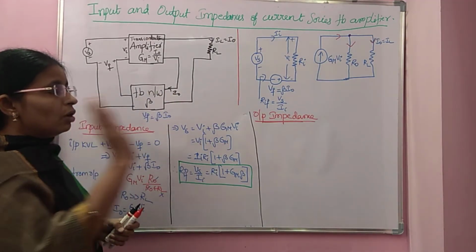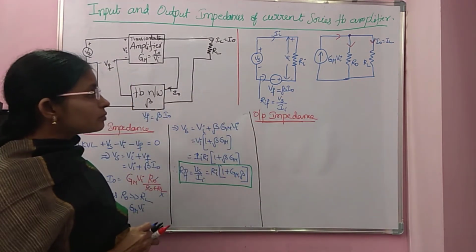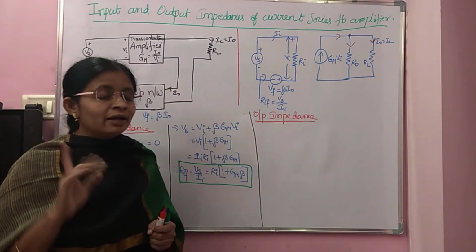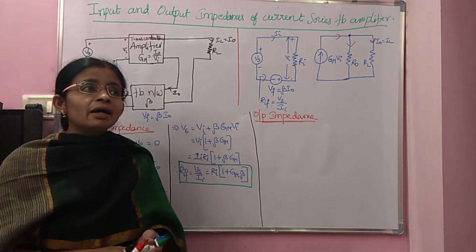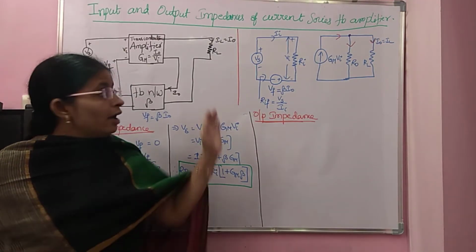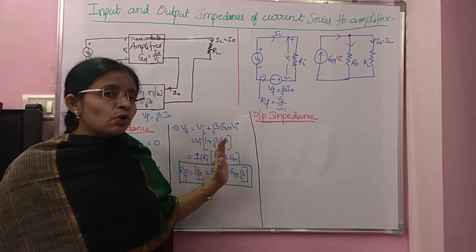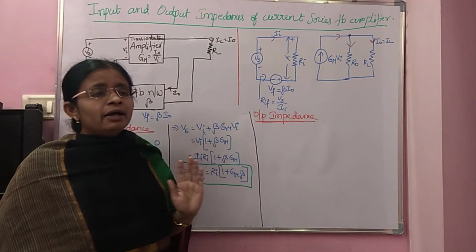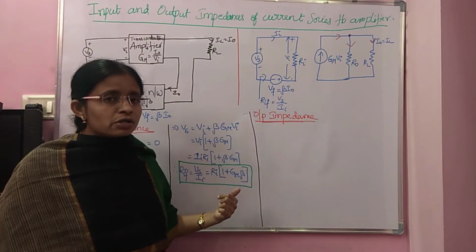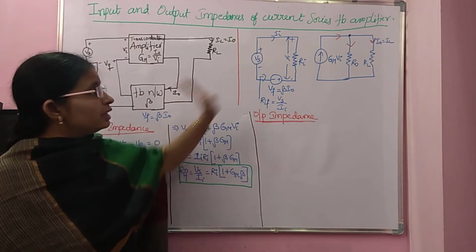Another important point, which I also explained in the voltage series circuit: while finding the output impedance, if the input is a voltage source, make it short and then disconnect the RL. If the input is a current source, make it open, and also disconnect your RL. So you do that.